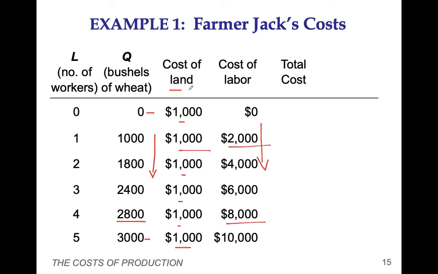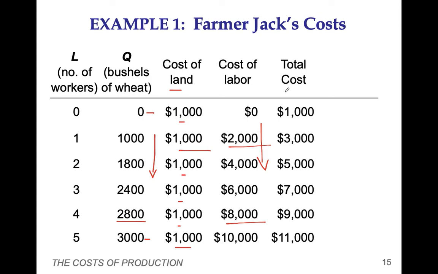So here we have a cost of land that does not change with the quantity of output. We call this cost fixed cost. And we have a cost of labor that changes with the quantity of production. We call this cost a variable cost. And here we have total cost. Total cost, of course, is the sum of all costs here: cost of land and cost of labor.